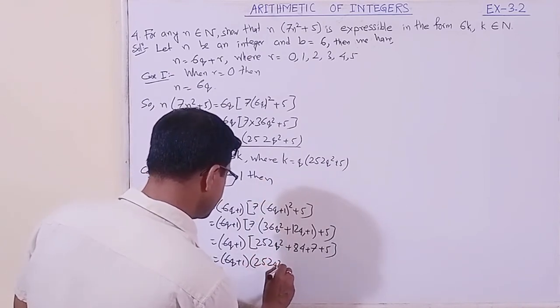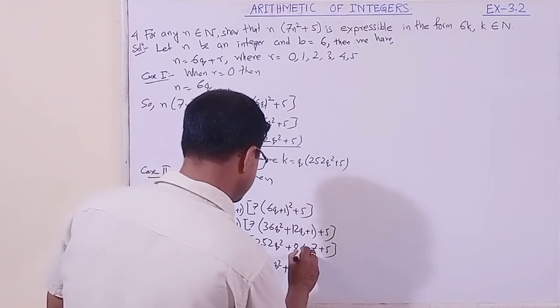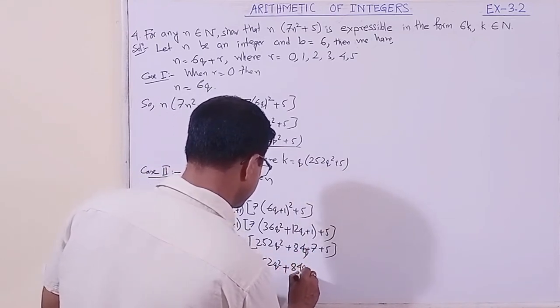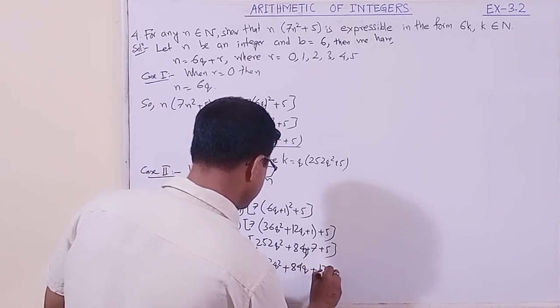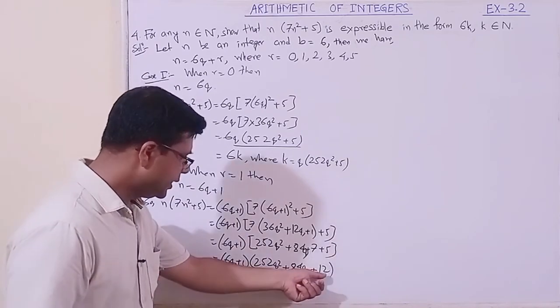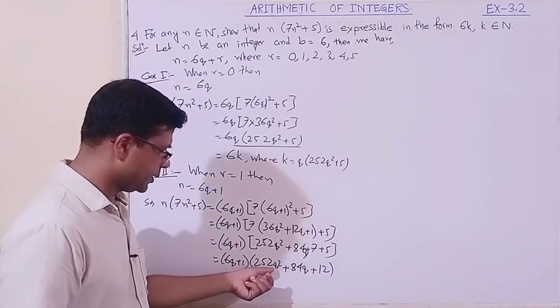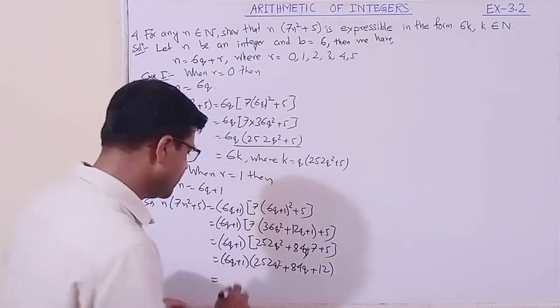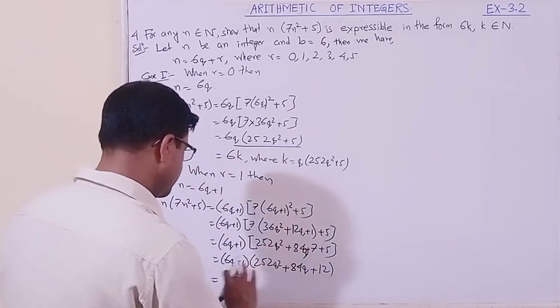252q square. Sorry, here will be q, I missed that q. 84q plus 7, 5, 12. Now my dear students, you can see each is a multiple of 12 actually. So obviously we can take 6 common, because 6 is there in 12. No need to take 12 common, we'll take 6 common.